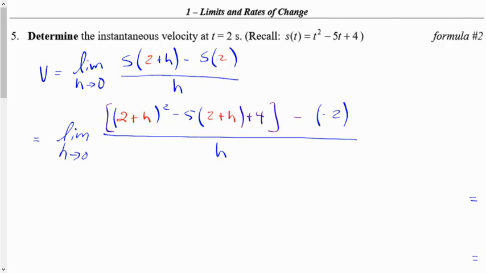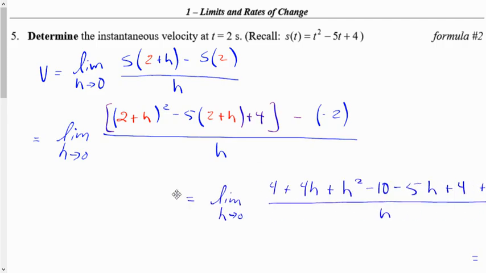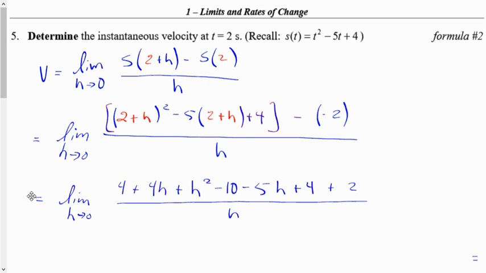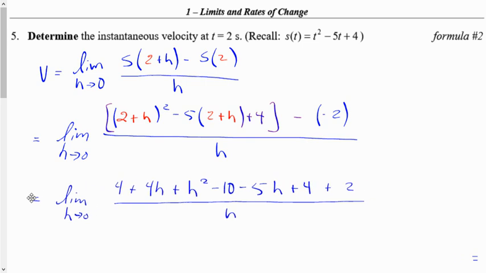Well, we need to do some expanding and collecting like terms, because we want to be able to find a common factor of h. So here I've expanded out, and we have that binomial being expanded, and that gives us the 4 plus 4h plus h squared.